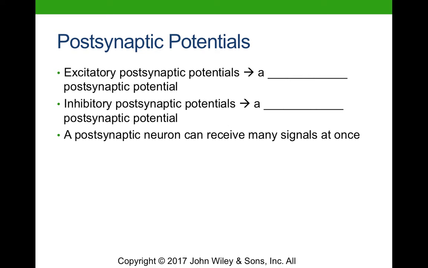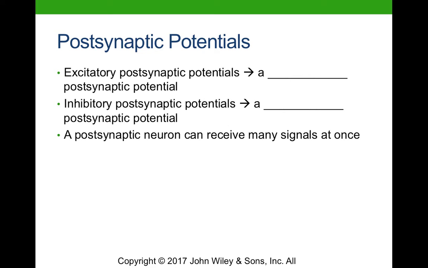If the excitatory effect is greater than the inhibitory effect, but less than threshold level of stimulation, our result is a sub-threshold excitatory postsynaptic potential, making it easier for us to generate a nerve impulse.